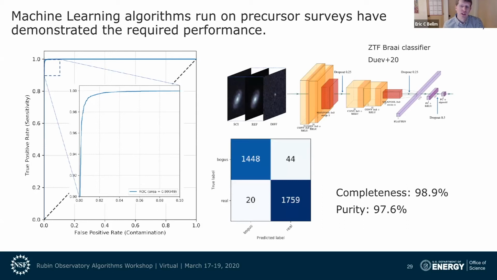And they're achieving, again, on that ZTF input, 98.9% completeness and 97.6% purity, which would exceed our requirements. And that's at 5 sigma, I should emphasize. So that's a very good sign that when we do start to build something like this, we'll be able to meet our requirements.